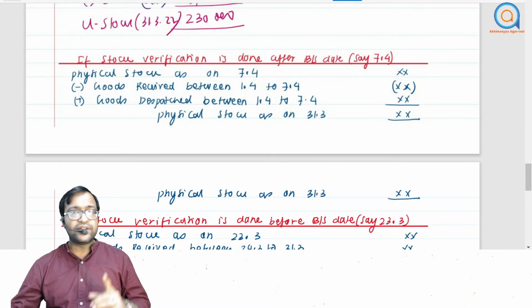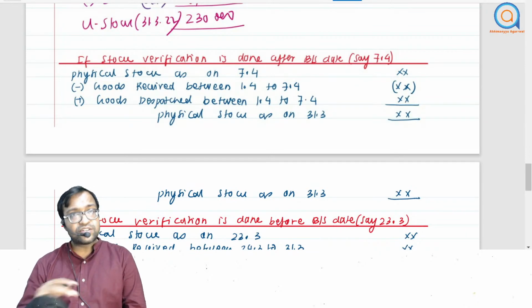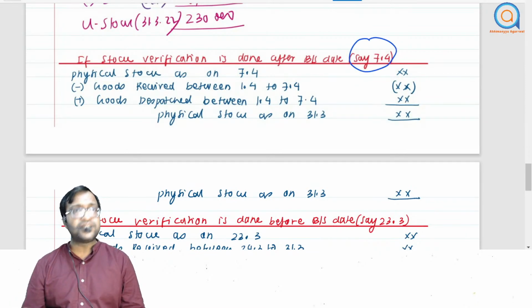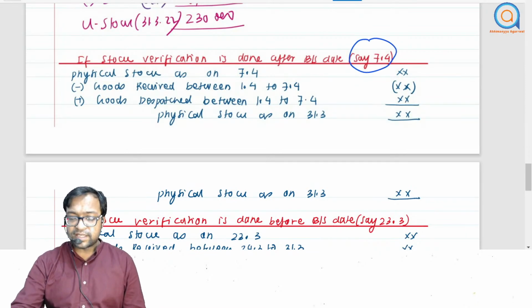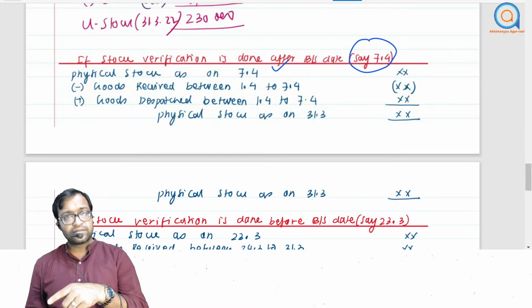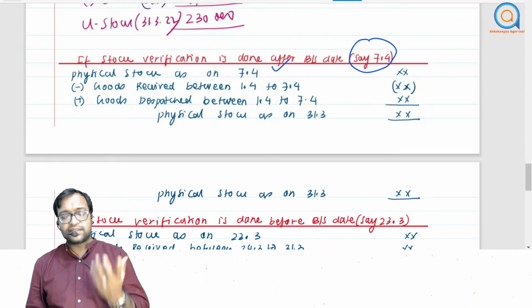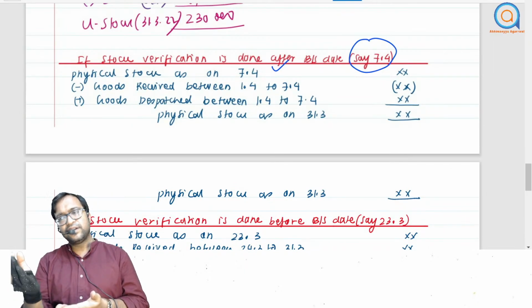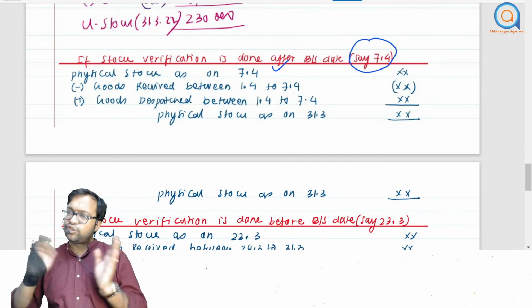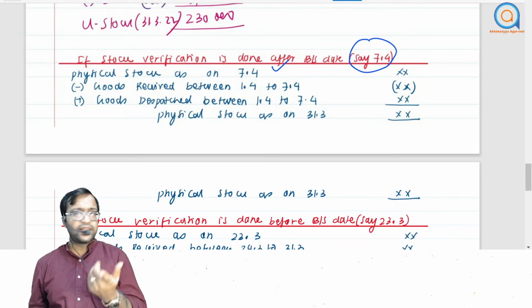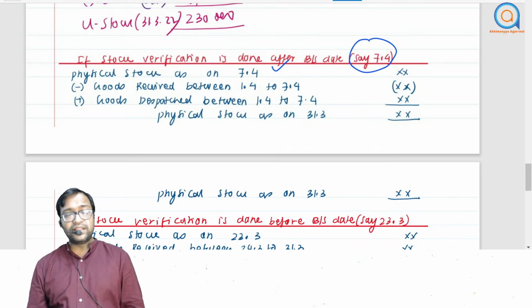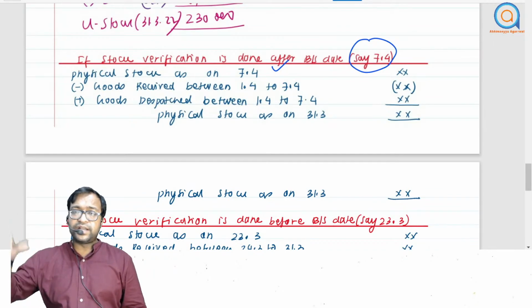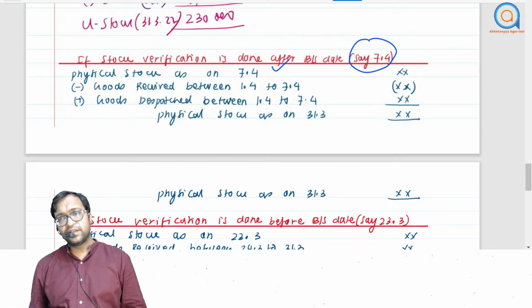For physical inventory, first see if the stock verification is done after the balance sheet date. Then first you take the physical stock which is given. And there are two things: the goods received after the balance sheet date till the stock verification date should be deducted because they were not there on the balance sheet date. And the goods that you have already dispatched during this period should be added back.